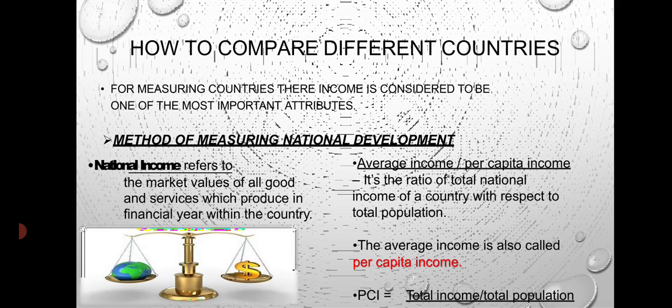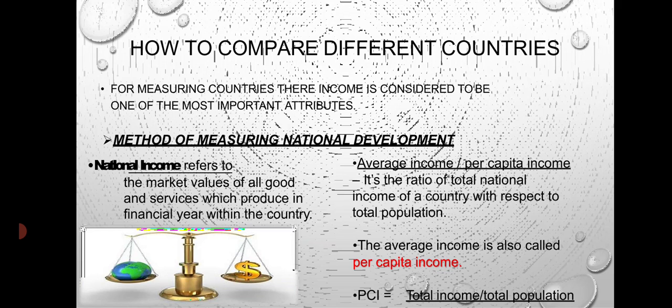So how do we find out a common measure which can be taken for all the countries? Supposing if I talk about national income of America, it is greater than that of India. Is it fine? India is having a population larger than that of America. So we take the criteria of per capita income, whose other name is average income.